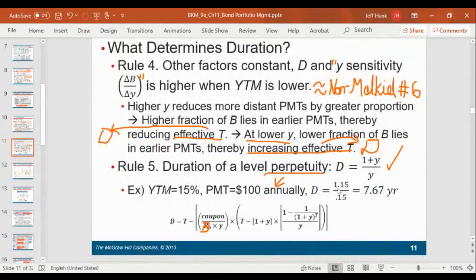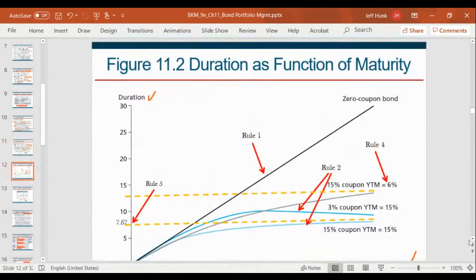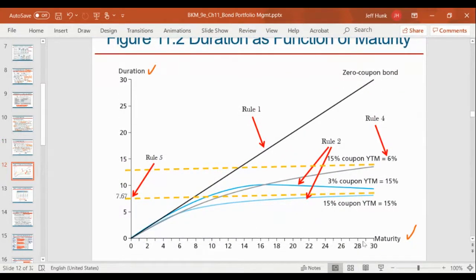Wasn't this the example we just saw? Regardless of the payment, yield to maturity 15%, (1 plus y) over y. So regardless of the coupon payment, in this case the coupon payment is not $100, but 150, the duration will be 7.67.